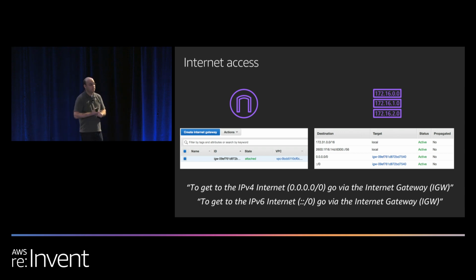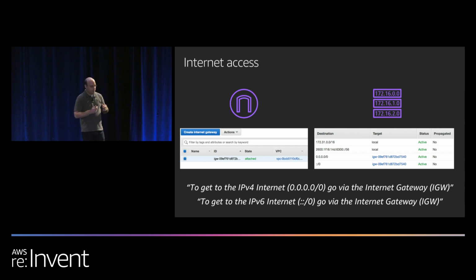The first 2 entries say, if this is 172.31, that's part of my local VPC. There is no next hop. It's available through the implicit router that is on the subnet. Same with IPv6. If it's part of this /56 CIDR range for the VPC, there is no next hop. Just use the implicit router, and the instance will be able to get to other instances in the VPC.